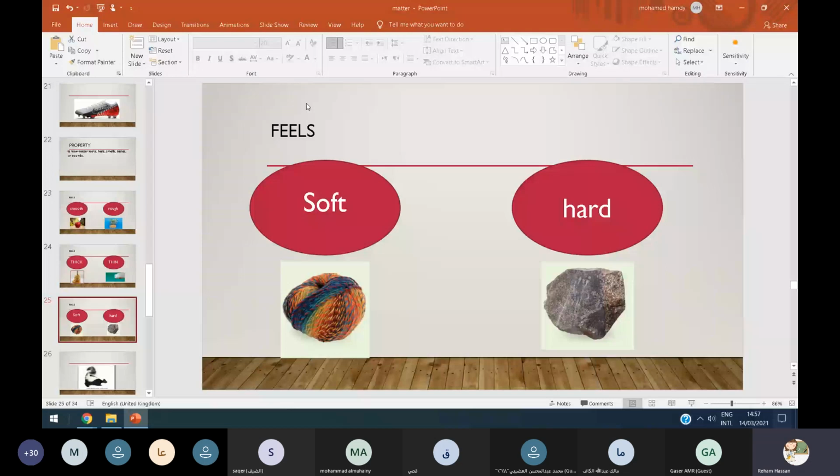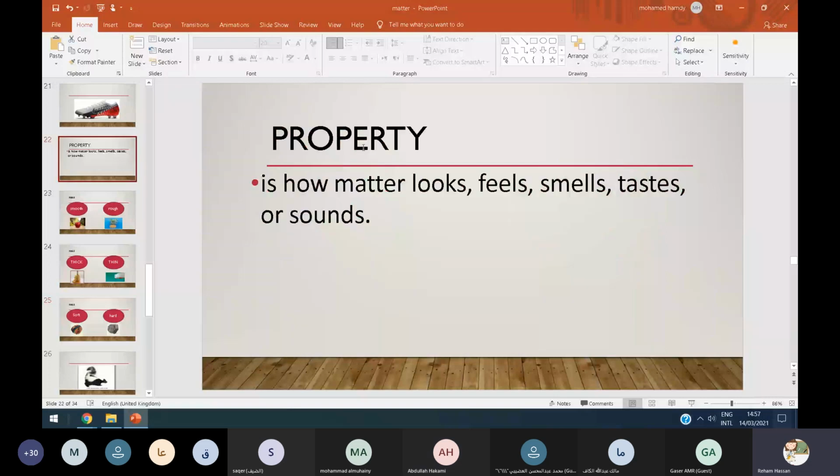Yes, Abdullah Al-Hakami. Yes, teacher. So Abdullah, others feel soft or hard. Yes, this is different what? Now we talk about different properties. Different properties. Yes, honey. Different properties. Okay, thank you so much, Abdullah.